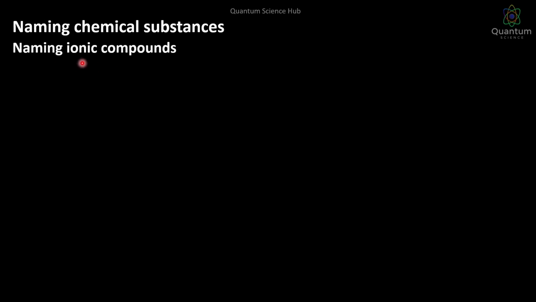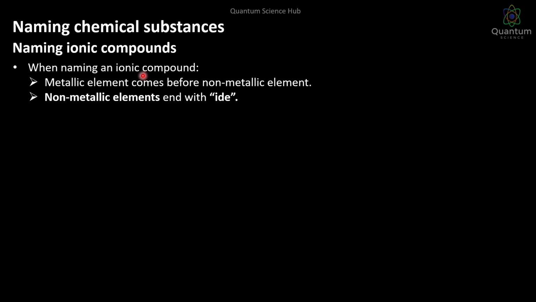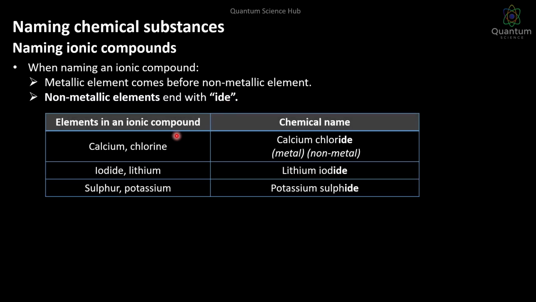Let's start with naming ionic compounds. When naming an ionic compound, the metallic element comes before the non-metallic element, and the non-metallic element ends with "ide." For example, I have the bonding between calcium and chlorine. So the chemical name is calcium chloride. It's not chlorine, okay? The non-metallic element ends with "ide."